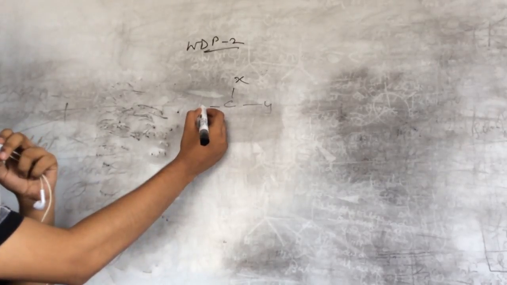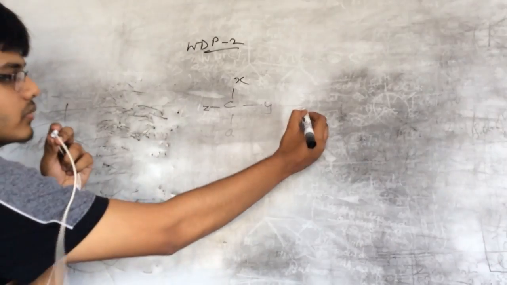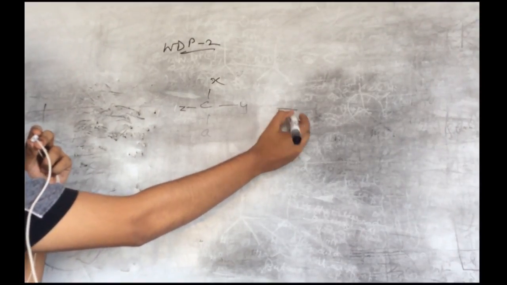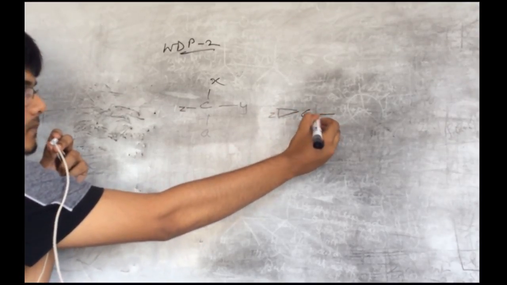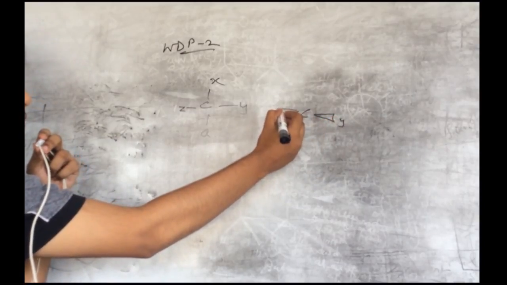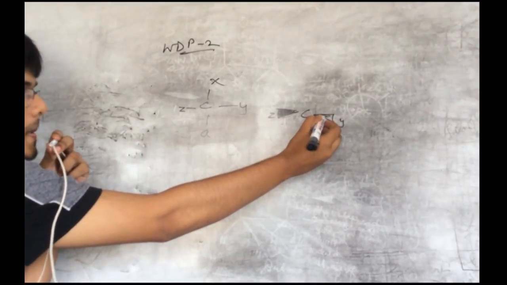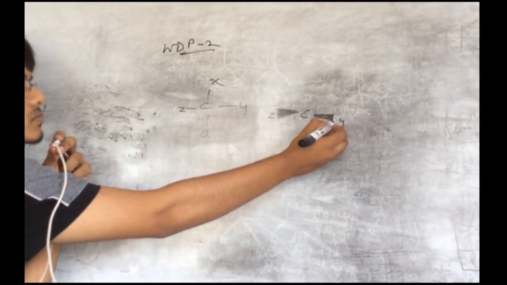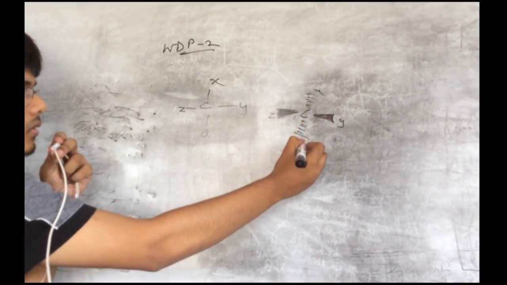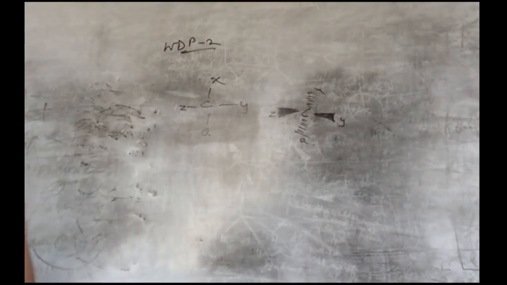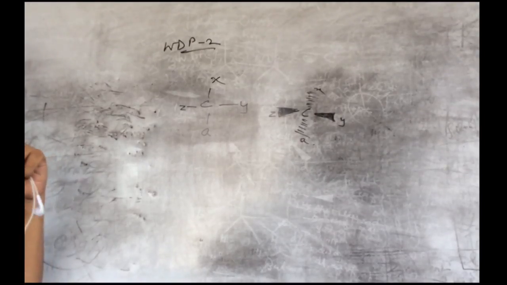Suppose we keep two coming towards you, these two, and two below the plane, these two. So with this we end the discussion on wedge dash projection.